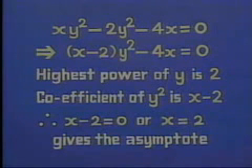We can write this equation as (x minus 2) into y square minus 4x is equal to 0. Here, the highest power of y is 2, and the coefficient of y square is x minus 2. So, we'll equate x minus 2 to 0 and get x is equal to 2. Then x is equal to 2 gives us the asymptote of the curve, which is parallel to the y-axis.